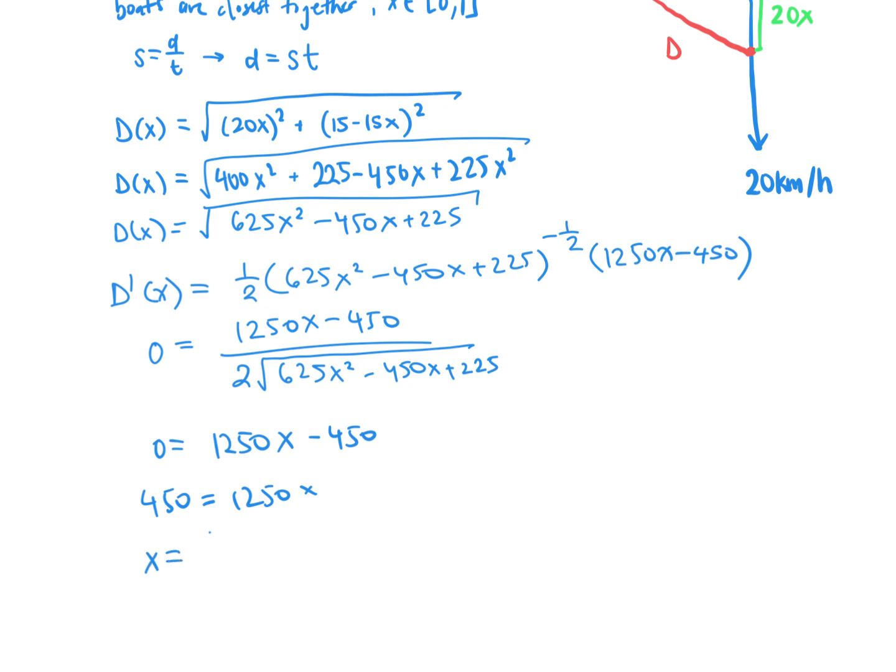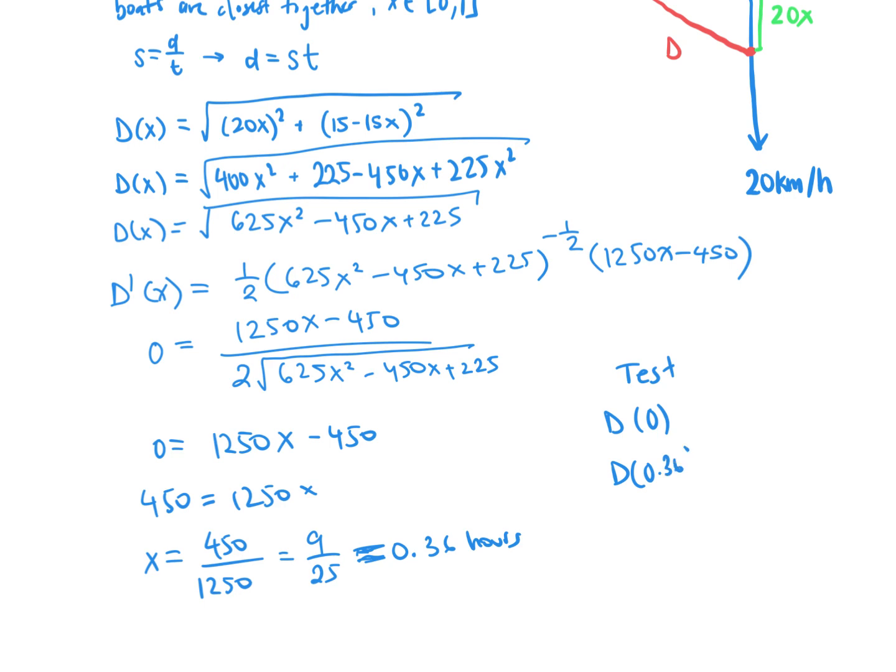So x is equal to 450 divided by 1250, which reduces to 9 over 25, or 0.36 hours. And now we can test some values. So what am I going to test? I'm going to test my distance at 0, my distance at my critical point, and my distance at 1.